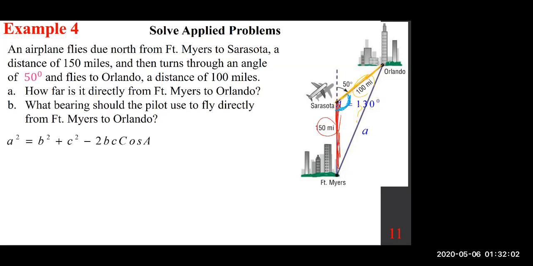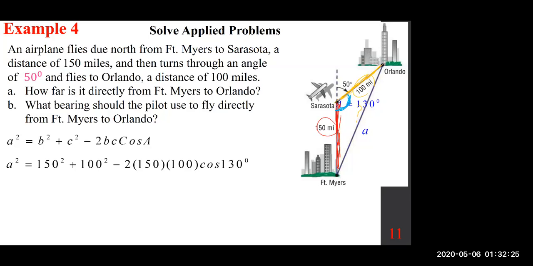And now, if you have that, your B and C, one of them is 150, one of them is 100, and capital A is 130 degrees. Okay, now I'm not going to go through the process of that.